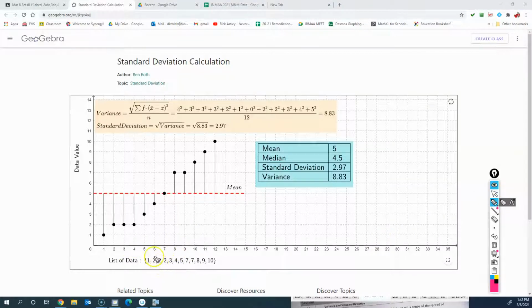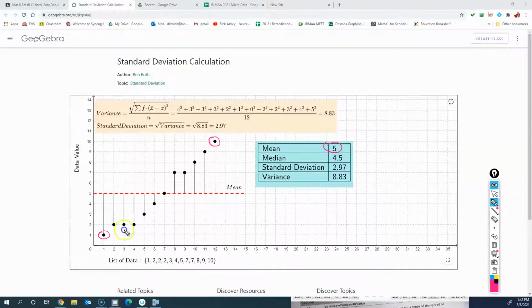Right here, that number 1 is this dot. The number 10 is this dot right here. The dotted line is the average of those 12 dots. If we added all those up and divided by 12, we'd have 5.